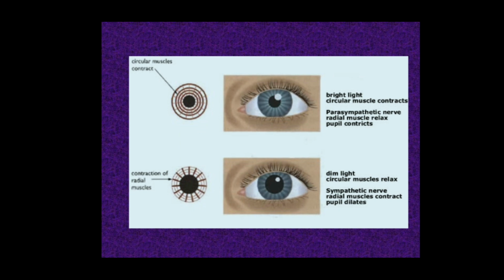Here also you can see the change clearly. During dim light, the circular muscles relax and the radial muscles contract. As a result, the pupil dilates. Dilate means increase in size or expand in nature. This black part is the pupil, the aperture or the opening.